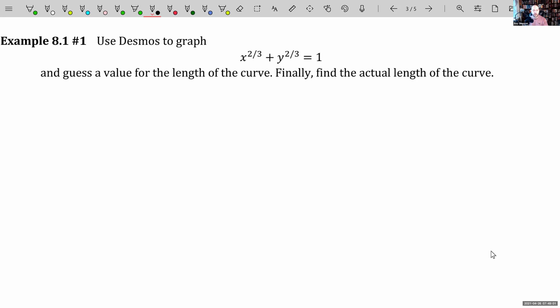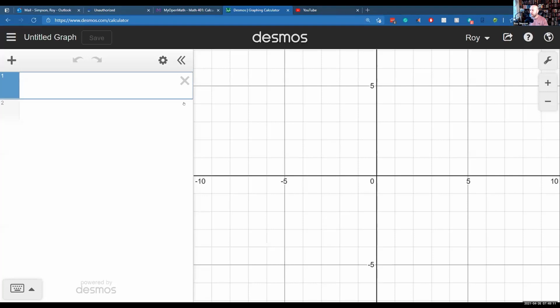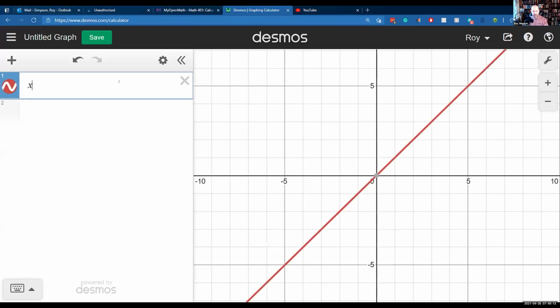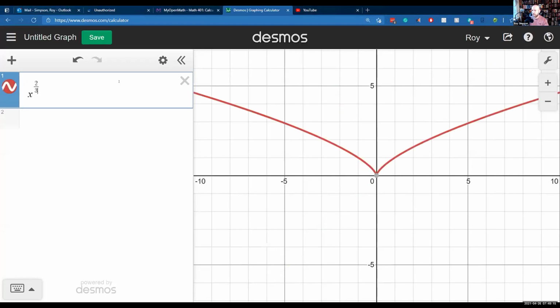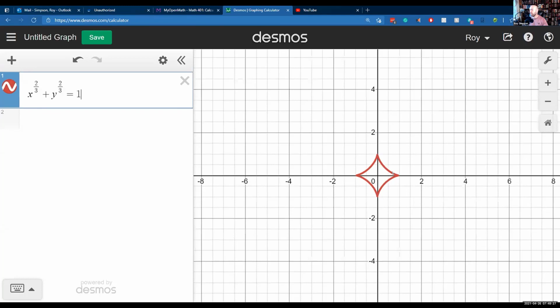So I'll hop us over to Desmos. All right, we're over in Desmos, and I'm going to type in here x raised to the 2/3 plus y raised to the 2/3 is equal to 1. You can actually graph implicit functions in Desmos like this, or implicit curves.